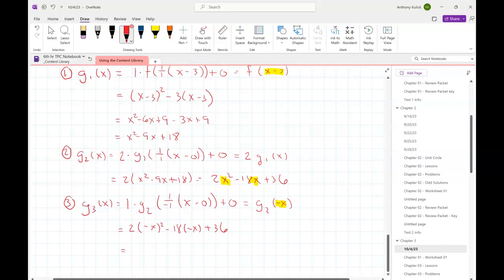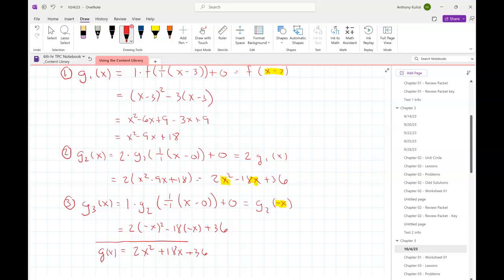So negative x squared is positive x squared. Negative 18 times negative x is 18x. And then the 36 is still the same. So this is my final answer there. So if I'm asked to do several transformations in a row, you have to do them one at a time. And again, you just figure out the A, C, H, and K from the statement.